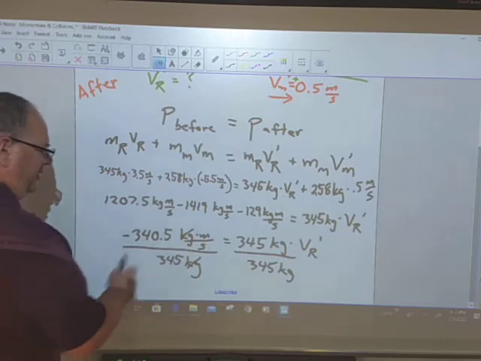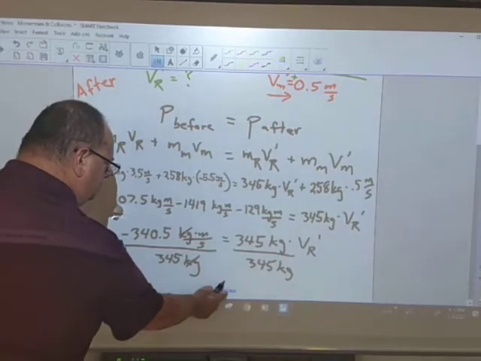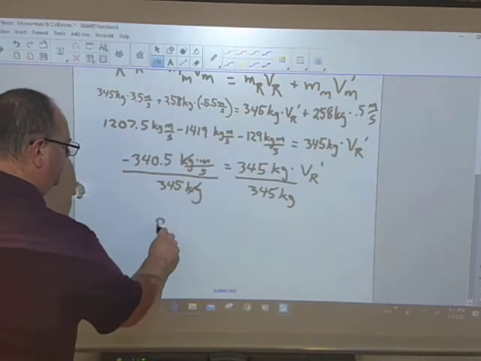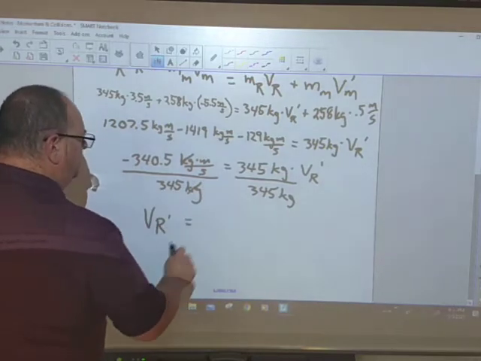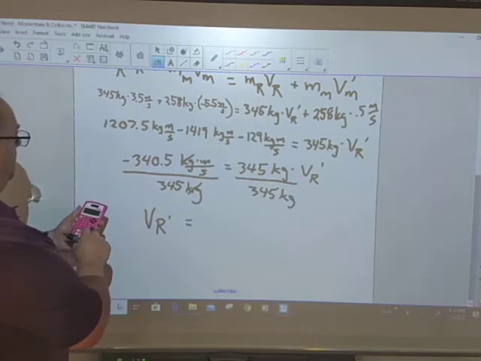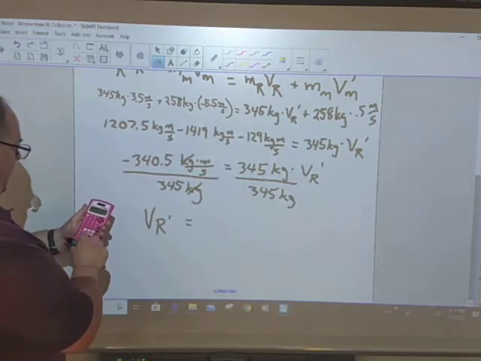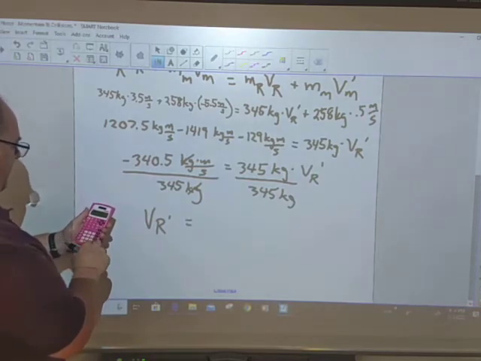Kilograms are going to cross off, and I'm going to be left with meters per second. Okay, so VR prime equals negative 340.5 divided by 345.